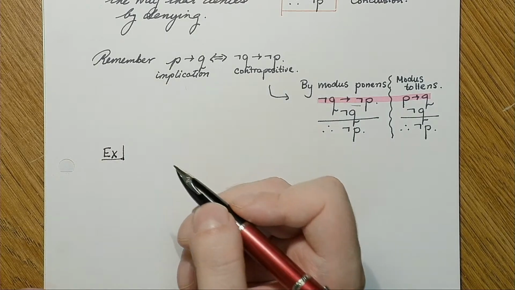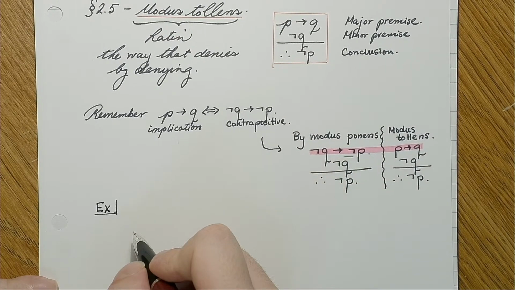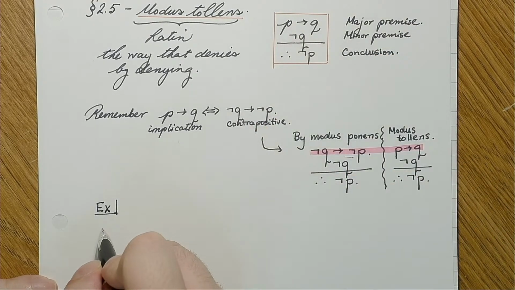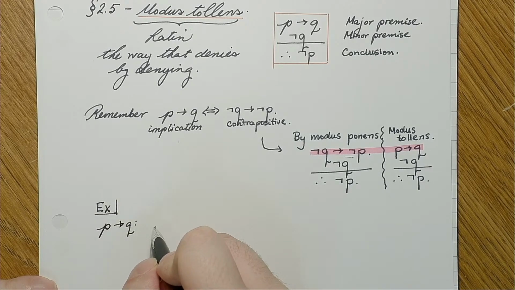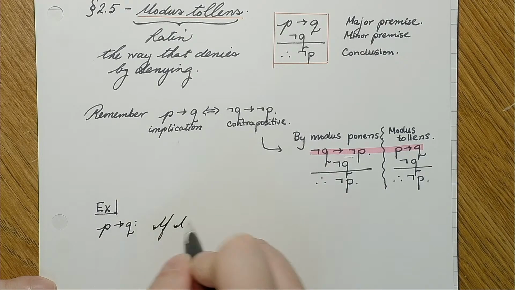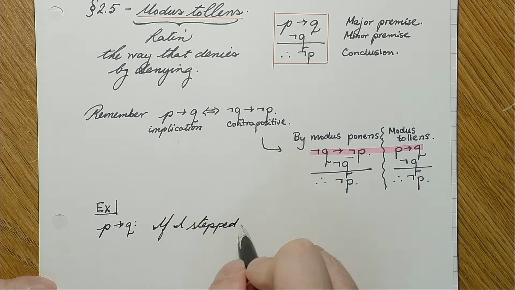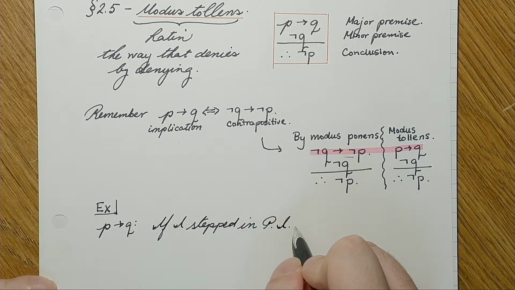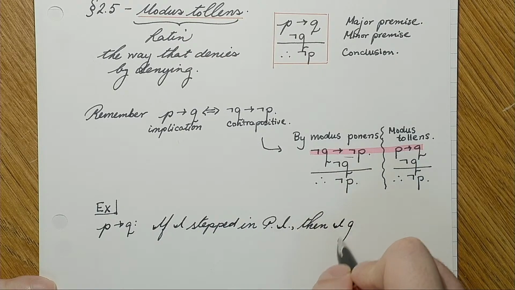So just returning to our poison ivy example. Here's my P implies Q. If I stepped in poison ivy, then I get a rash.